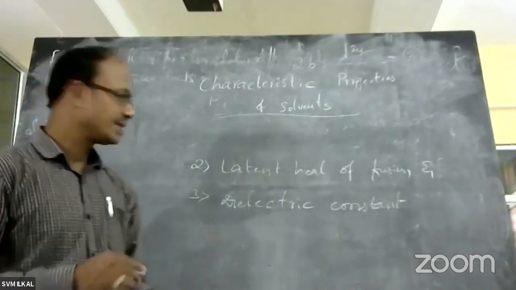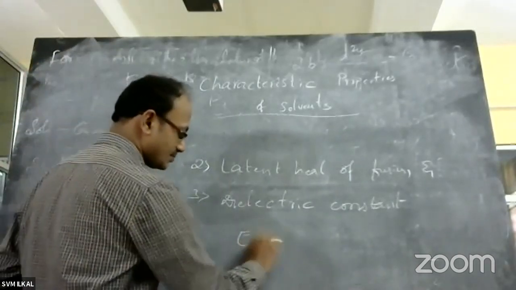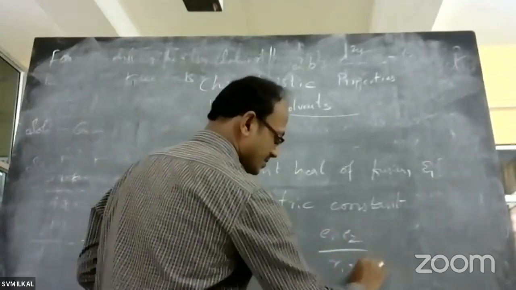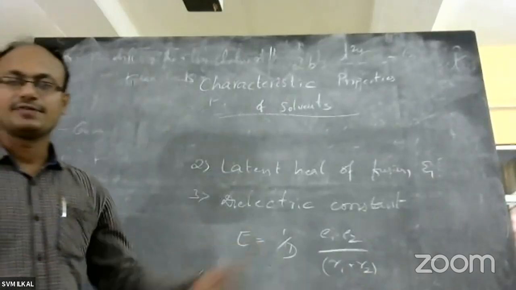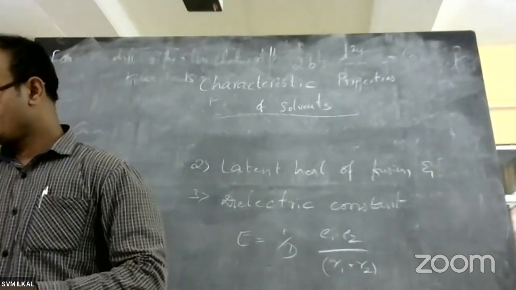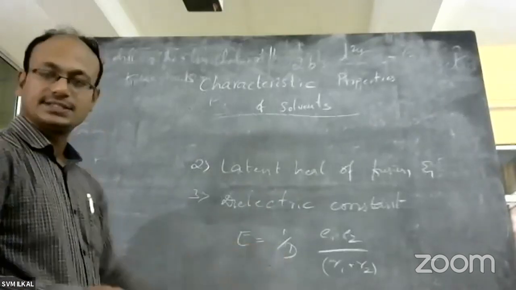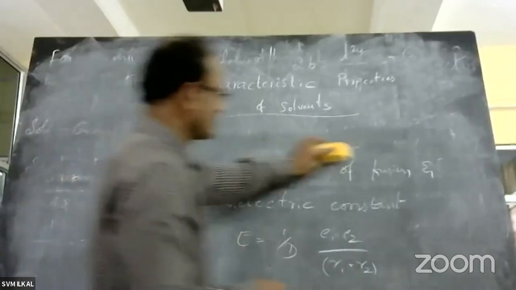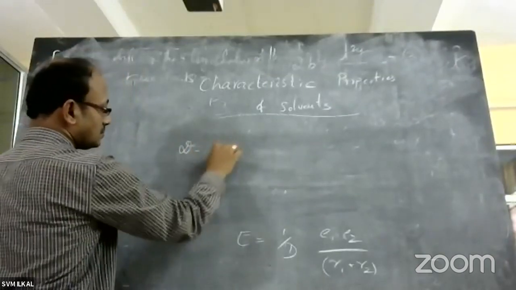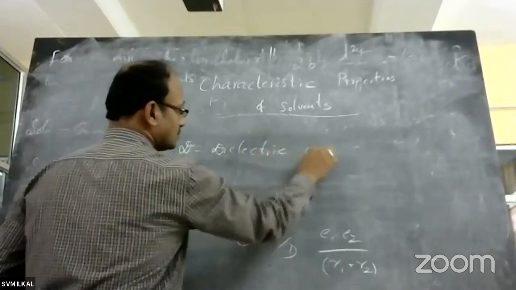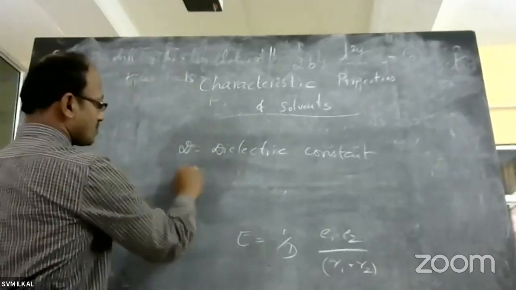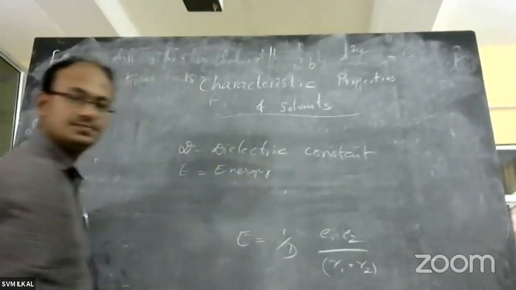Generally, this dielectric constant can be defined with the help of the equation C is equal to 1 by D into R plus R. With the help of this equation, one can give the exact dielectric constant. Where D is the dielectric constant, E is the energy.